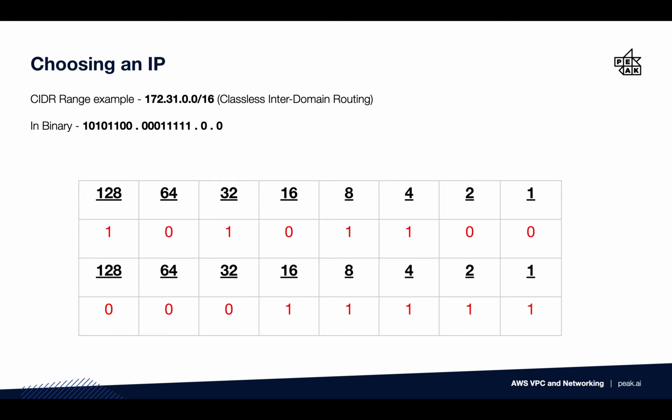Next bit, 32, we have 1 bit. So we add that to the 128 that we had earlier. Next, 16, that's nothing. 8, add that onto the number from earlier. 4, then 0 and 0. So 128 plus 32 plus 8 plus 4 gives us a total of 172, which, as you can see, is the first section of the CIDR range.